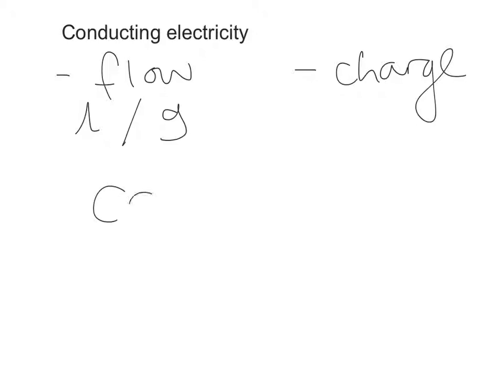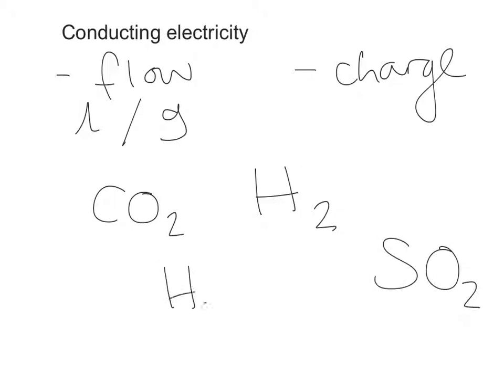So carbon dioxide is a neutral molecule, hydrogen gas is a neutral molecule, sulfur dioxide, neutral molecule, water, neutral molecule. So all of these would be in a state at room temperature where they were able to flow, but because they don't have a charge, they will not conduct electricity.